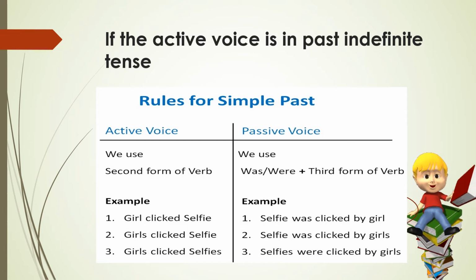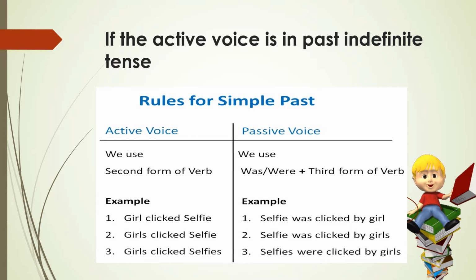So for example, the same sentences will be converted to passive voice like this: selfie, since it's an object, will appear in the beginning. A selfie was clicked by a girl, right? Then if the subject is plural but the object is singular, we will have to choose the helping verb according to the object, right?